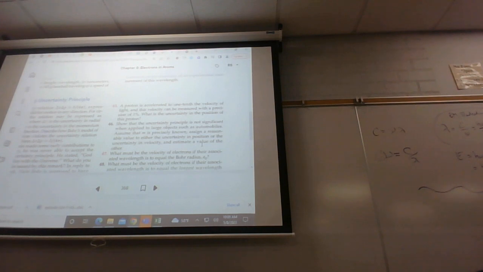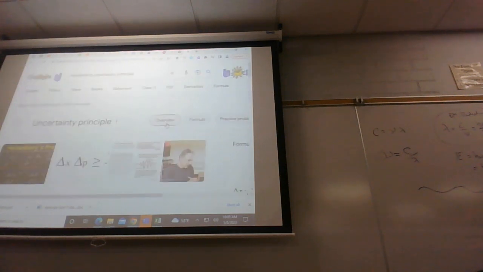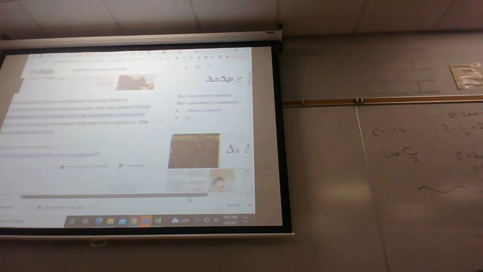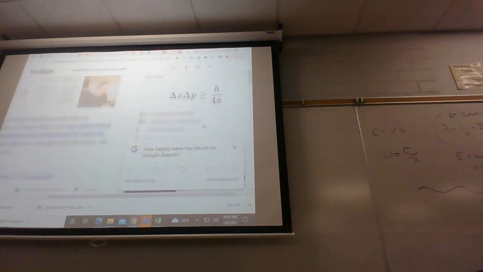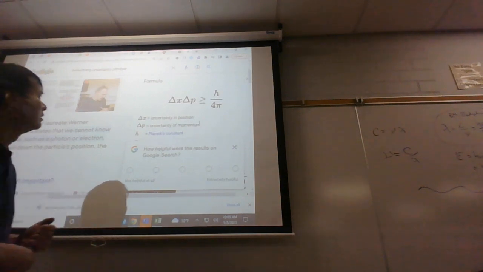All right. There are two common ways the Heisenberg equation is written. This is one of them.